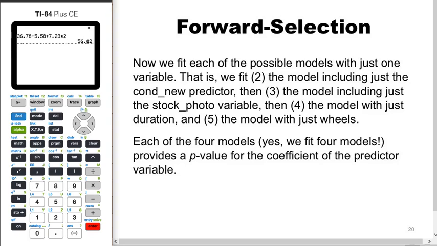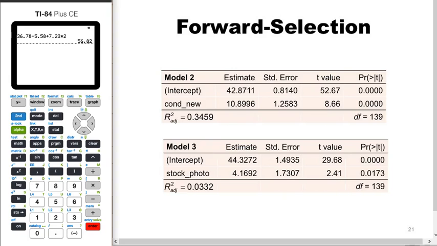Each of them will provide a p-value and test statistic. What we want to see is which one looks the best. So you see here, model 2, the con_new, looks to be important. Stock photo by itself looks to be important. Model 4, just duration.